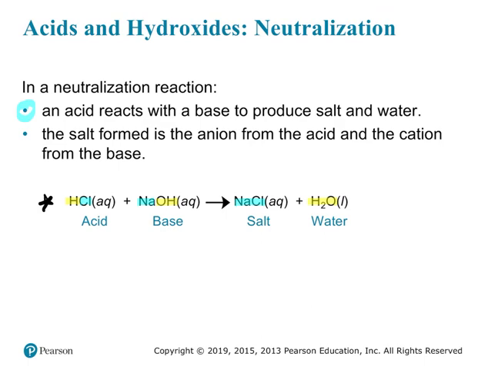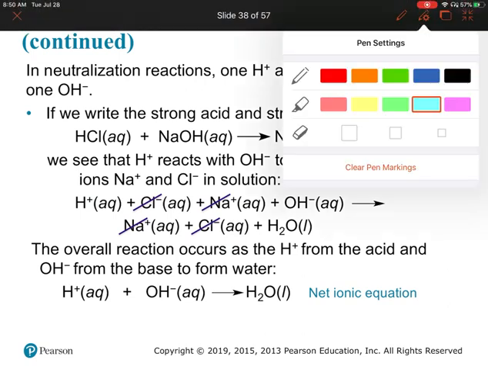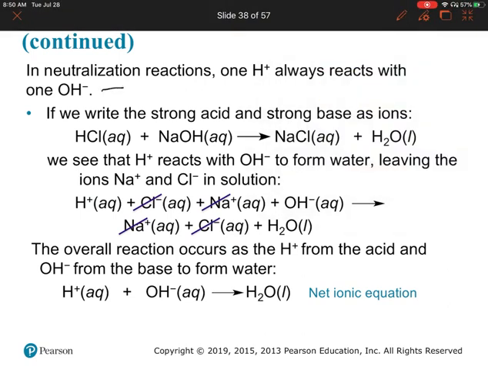Okay, so neutralization reactions aren't too bad. So now, in neutralization reactions, one thing to keep in mind is that one hydrogen ion will always react with one hydroxide ion to make water. So they'll make H2O.